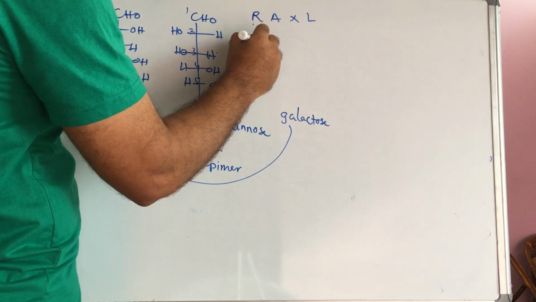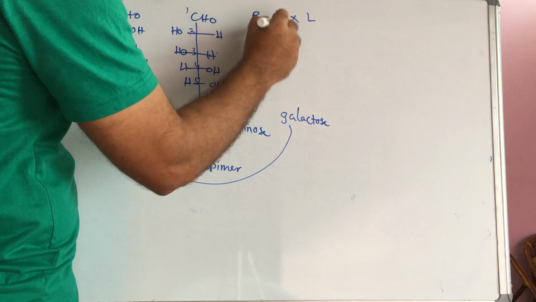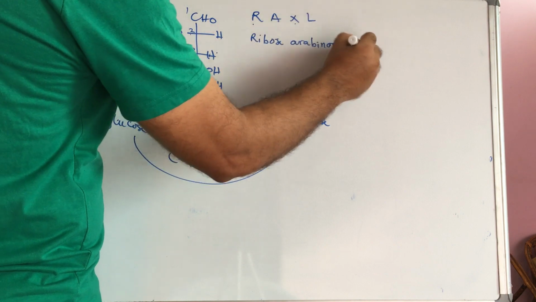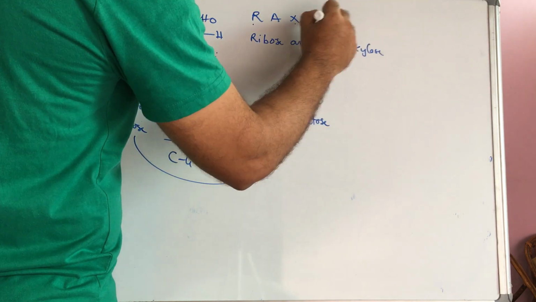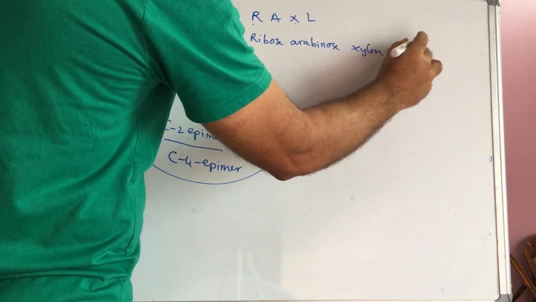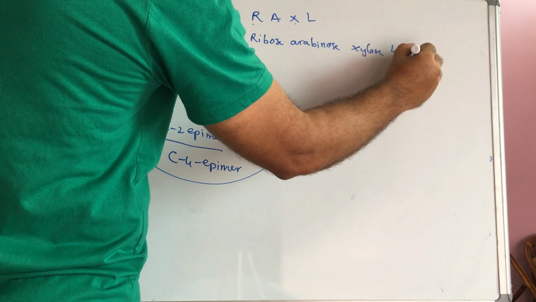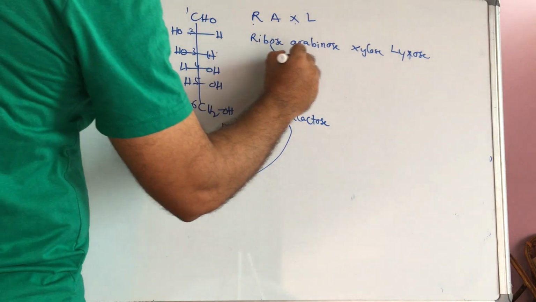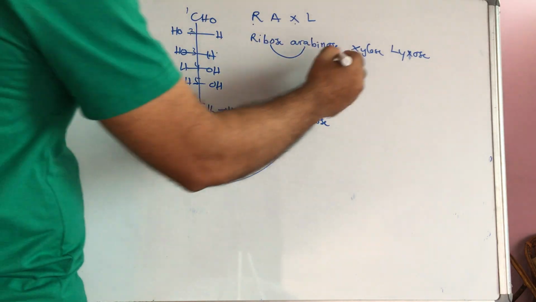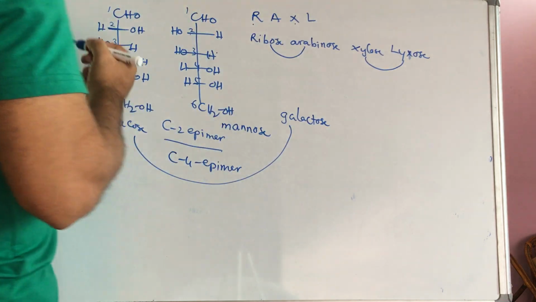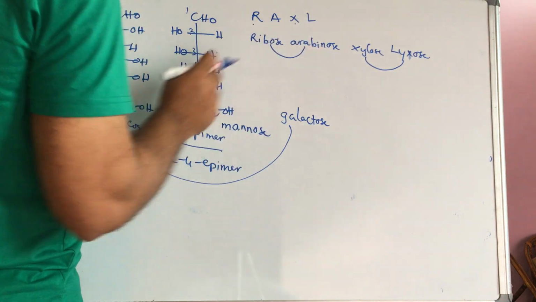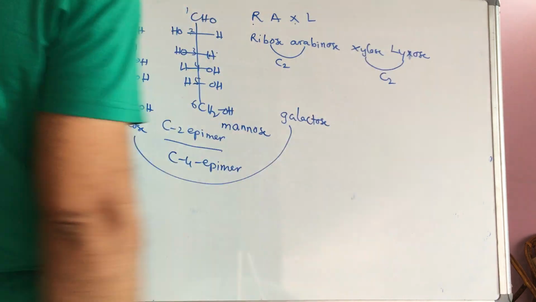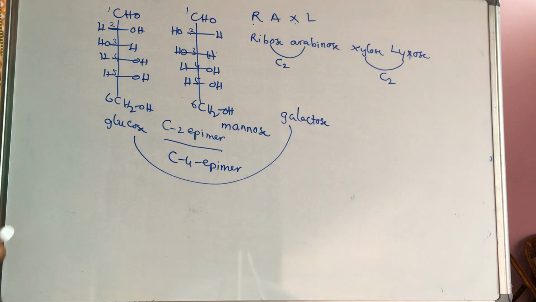This is ribose. This is arabinose. This is xylose. This is lyxose. So these two are epimers, these two are epimers, because their configuration is different at the C2 position. If you observe their configuration.